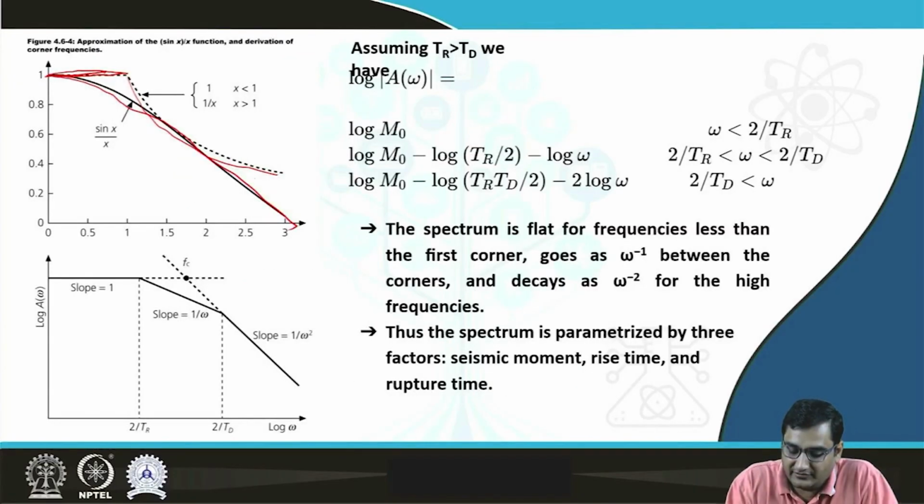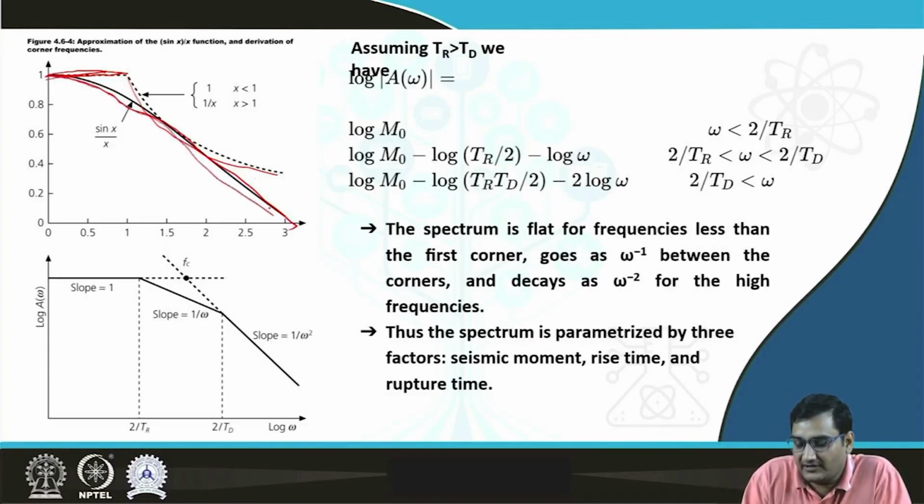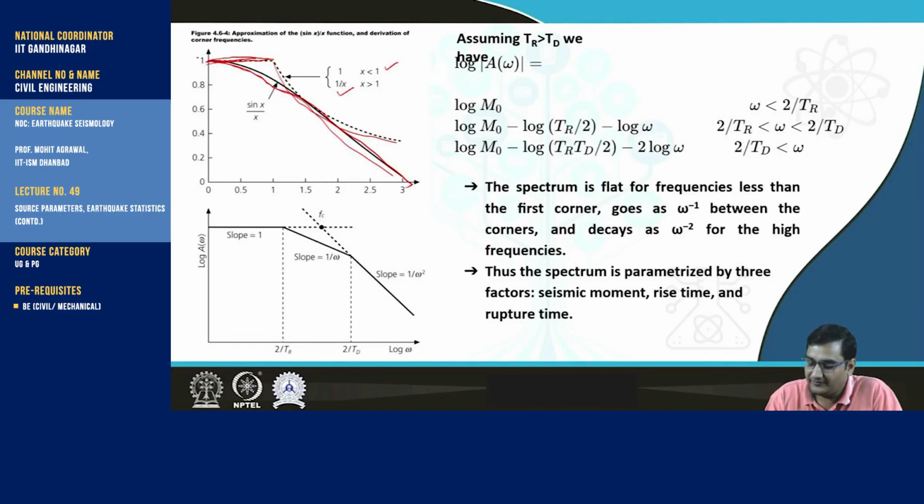So as I told you previously, the sinc function is the one that follows this particular curve here, but the approximation we can make is that if x is less than 1, it is equal to 1, and if x is greater than 1, it will be equal to 1 by x. So this is the approximation we took. And finally, for TR greater than TD, the log of A(omega) will become log of M naught when omega is less than 2 by TR.